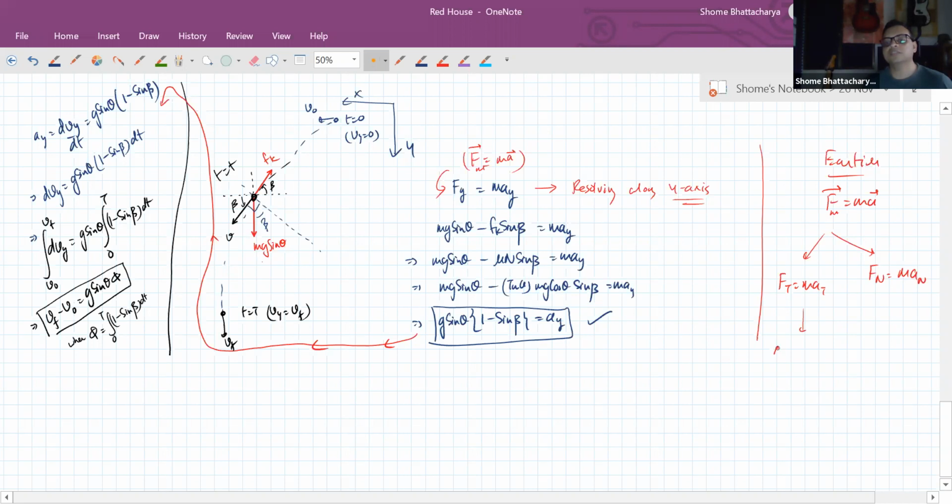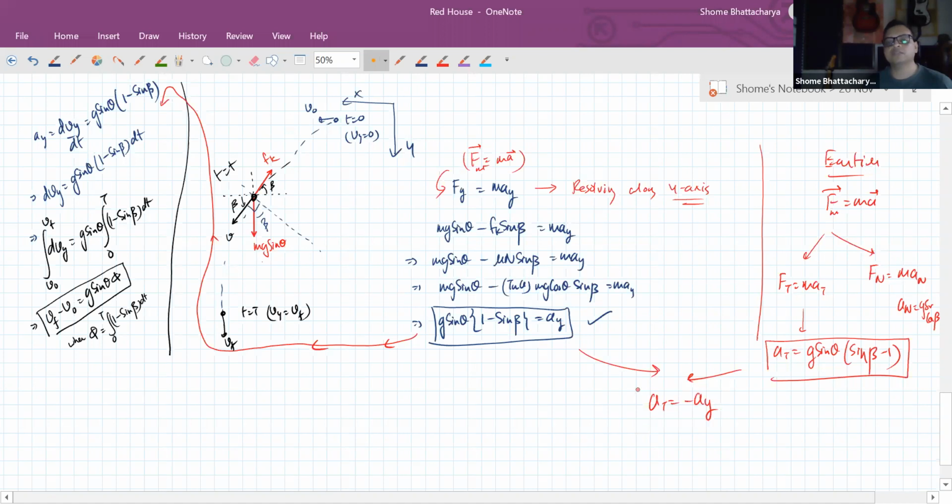From this we had seen that our tangential acceleration was equal to g sine theta into (sine beta minus 1), and our normal acceleration was g sine theta cos beta. If you compare this tangential acceleration and the y component of acceleration that we are getting here, you see there is a sort of reverse symmetry.